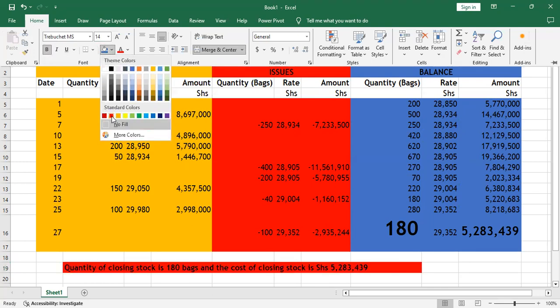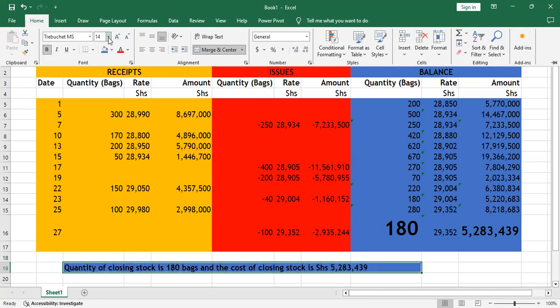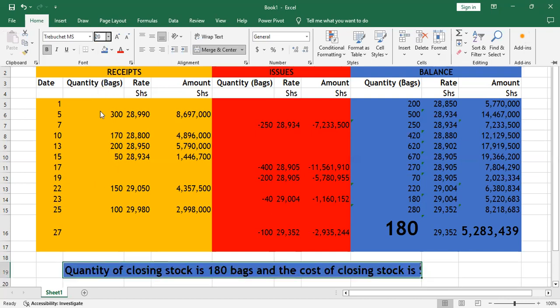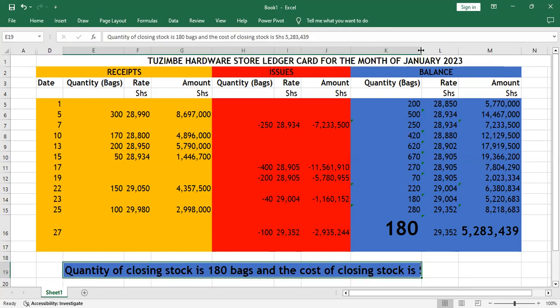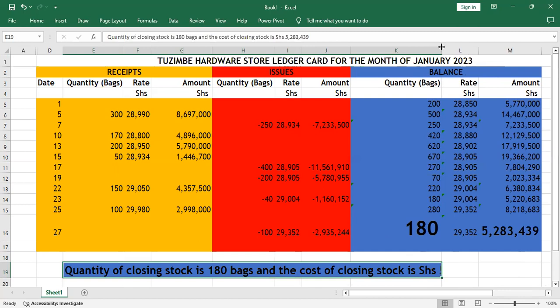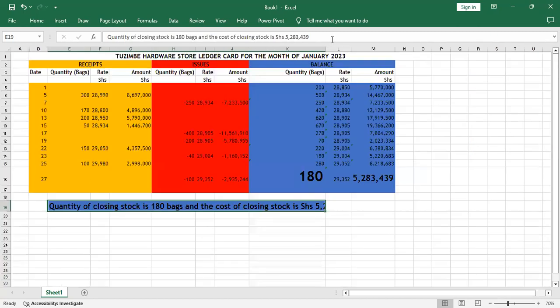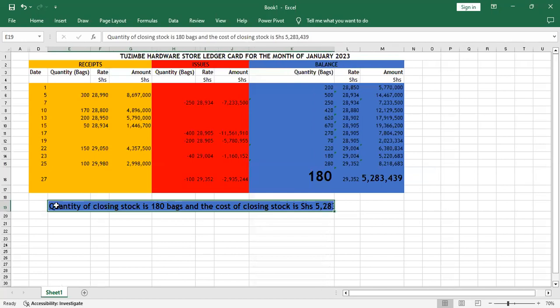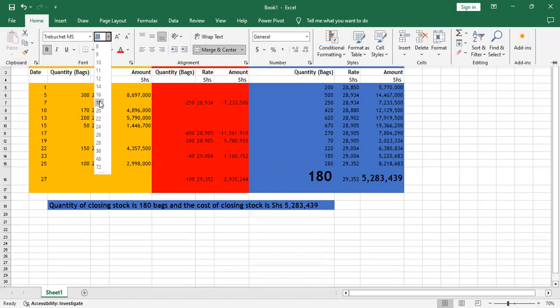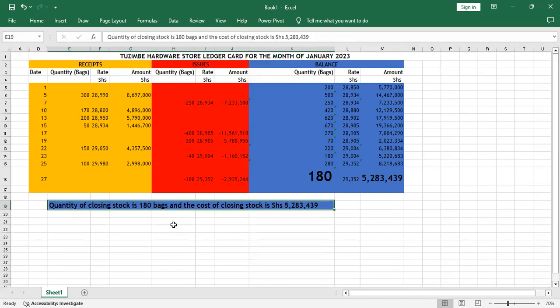So that is your closing stock. Yeah, so that is your storage account.